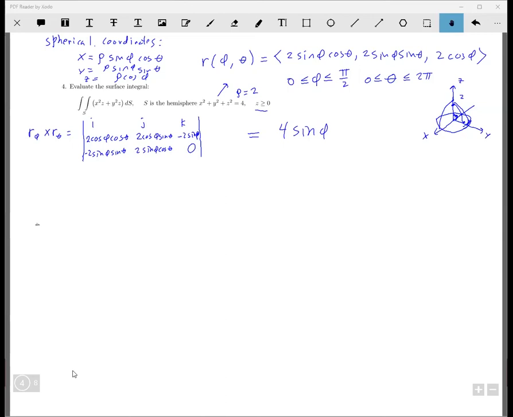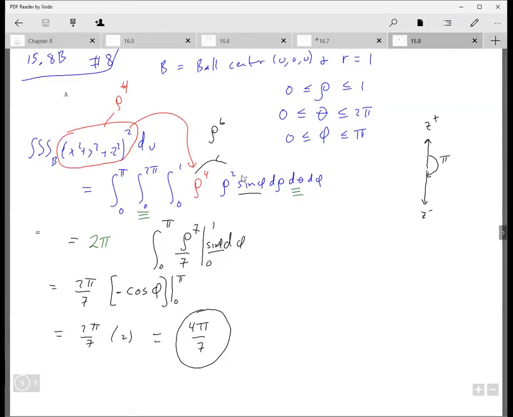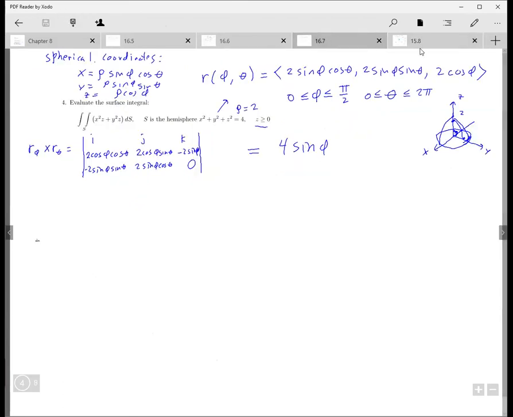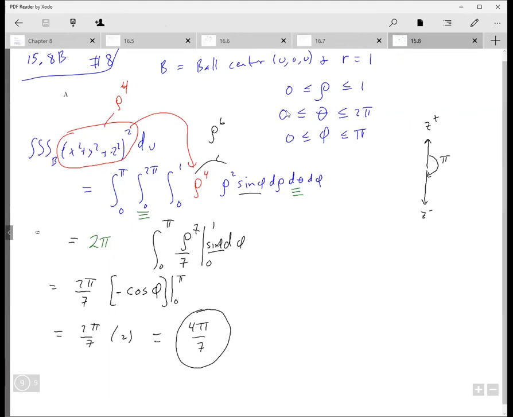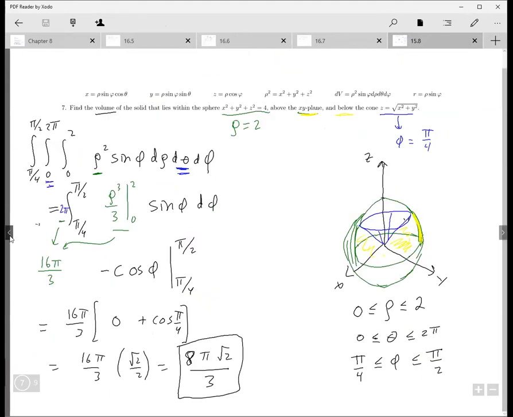Oh, it's 15.8. Okay, so can you see this? Of course, you can see that.